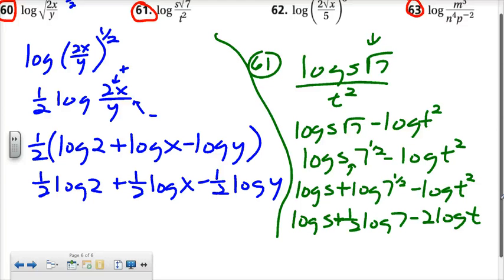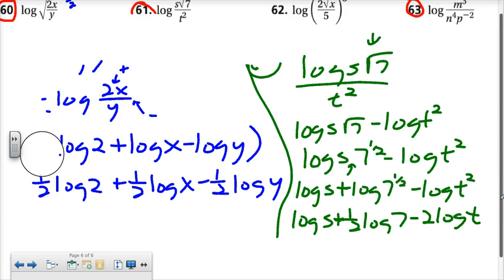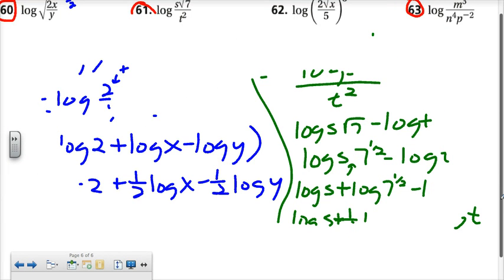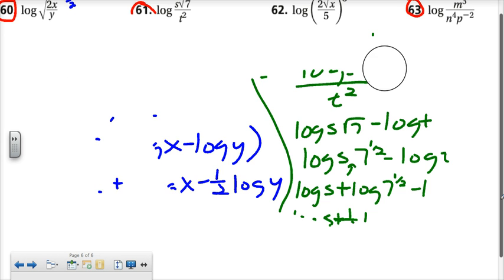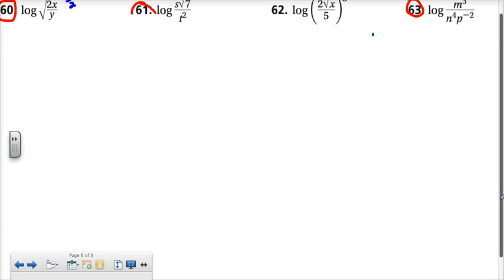Just wanted to do that last one with you, number 63 up there. So, let me erase these and make a little bit of room. All right, 63.